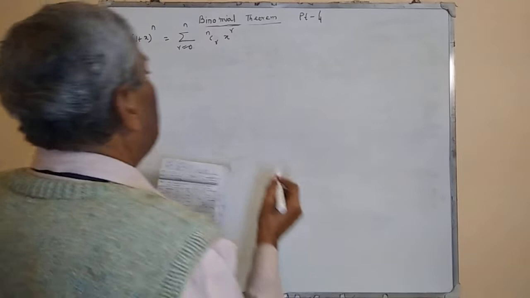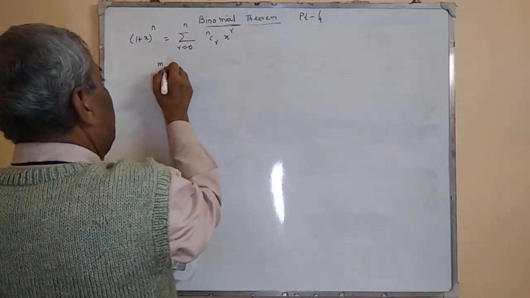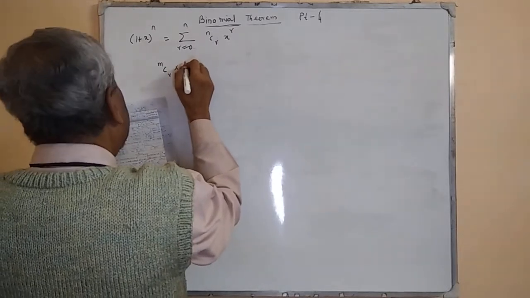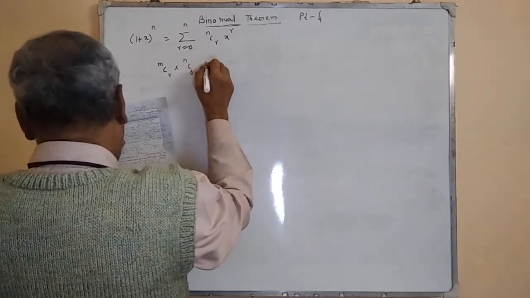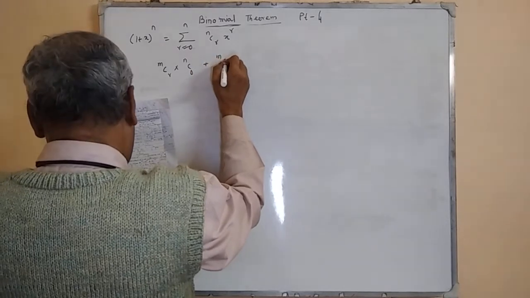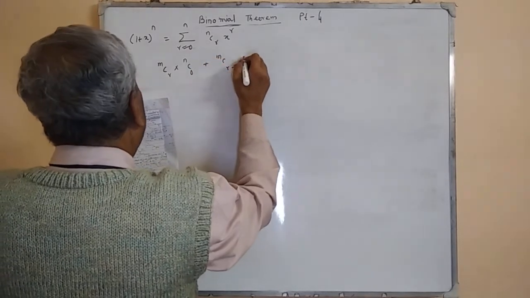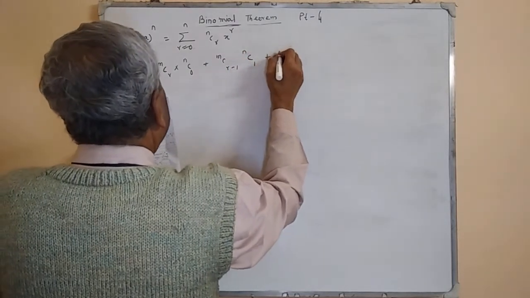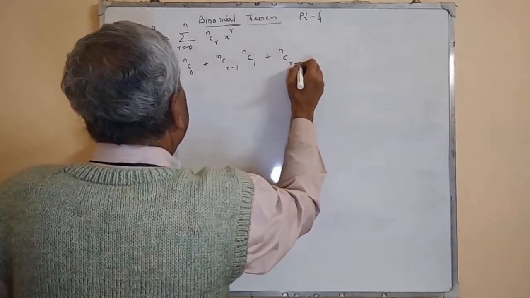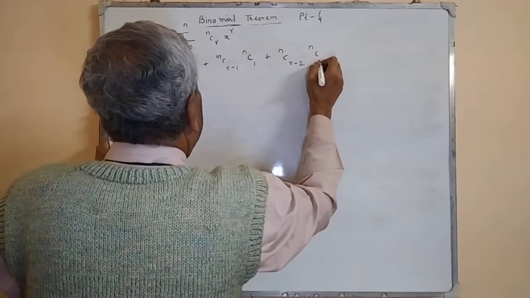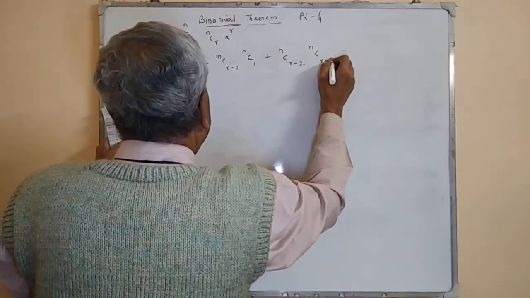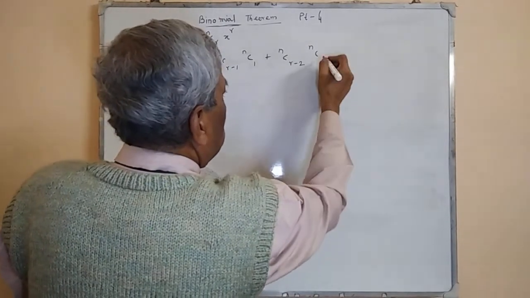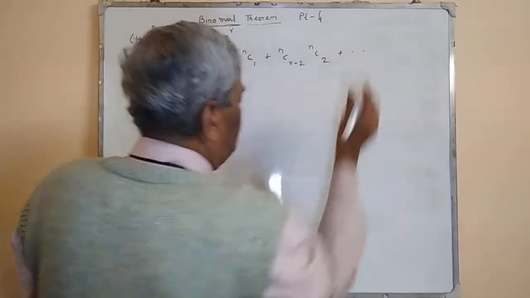Then find the value of mCr into nC0 plus mC(r minus 1) into nC1 plus mC(r minus 2) into nC2, and so on.